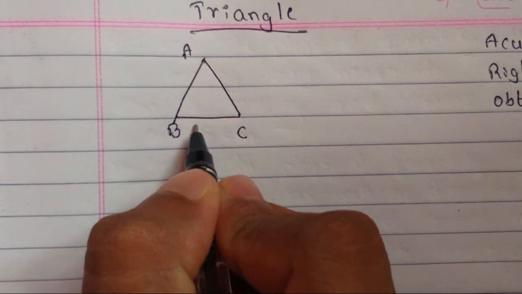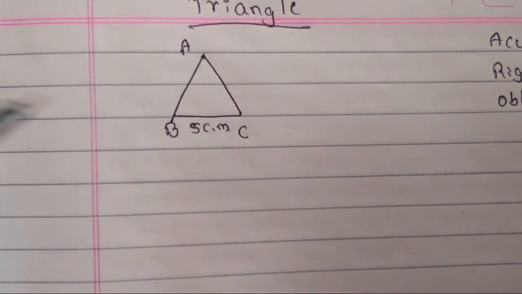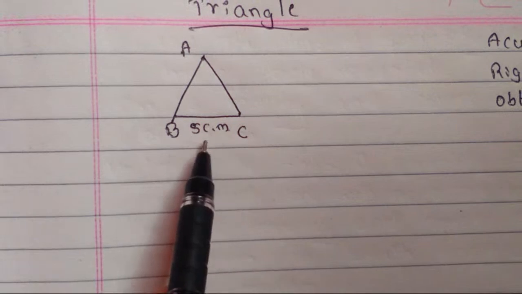If I consider BC length as 5 centimeters, then what is the length of AB and AC in an equilateral triangle? So here I considered a triangle ABC. In that, side BC is equal to 5 centimeters.